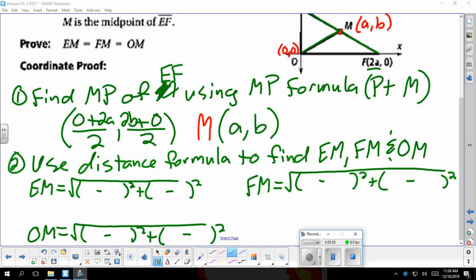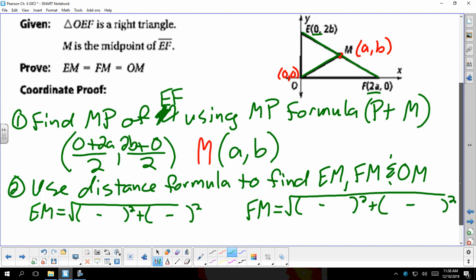So now I'm going to plug in the points. So point E, plug in my 0 there. Let me choose a different color for that. So point E, 0 and 2b, I'm going to drop there and there. And then M, I'm going to put a and b there. And now I can simplify.